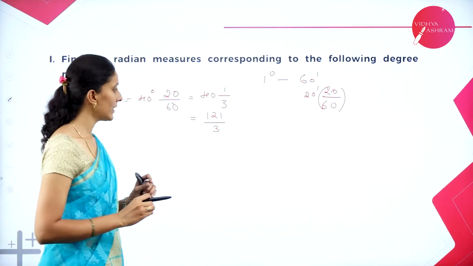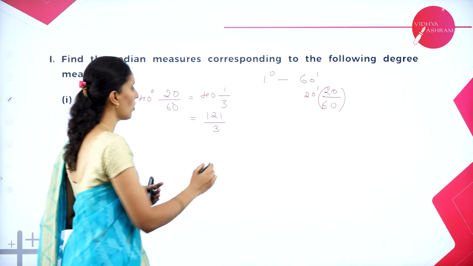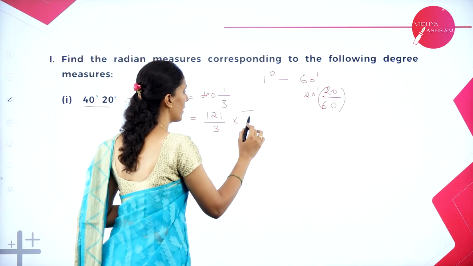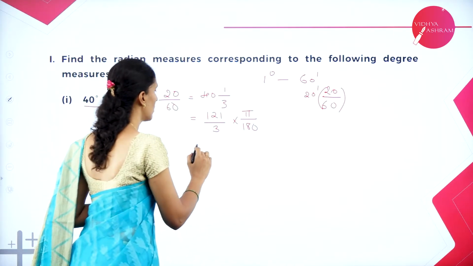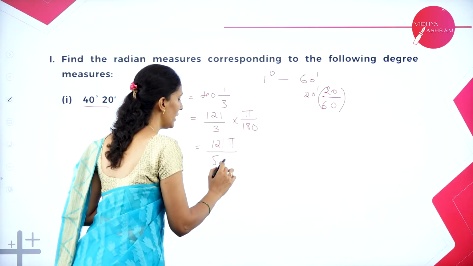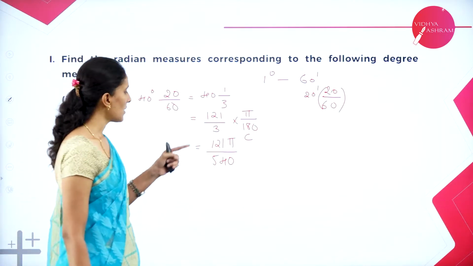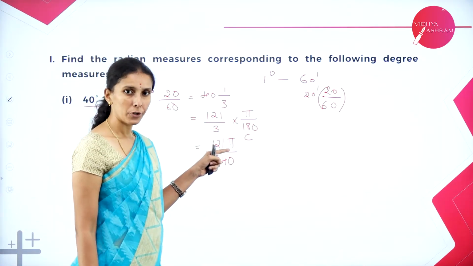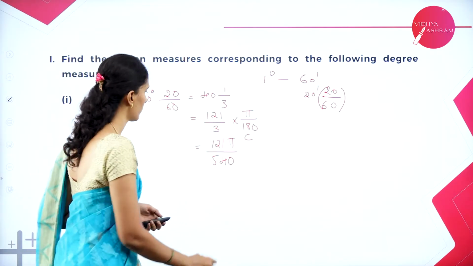So now converting degree to radian, you are going to multiply pi by 180. So when you multiply, you will get 121 pi divided by 540 radians. You can substitute the value of pi as 22 by 7 and you can write it in the form of decimal also.